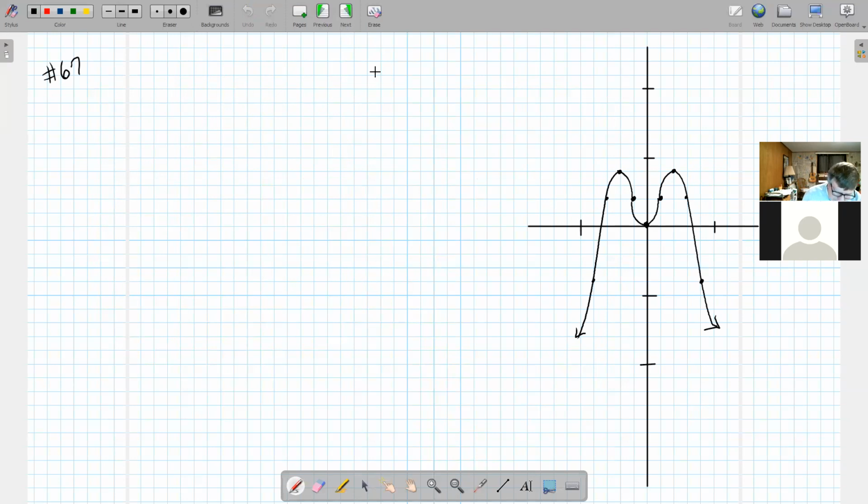All right, here it says find, let's see, this is the function g.